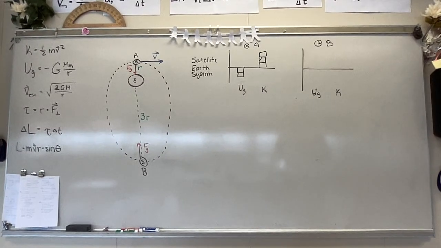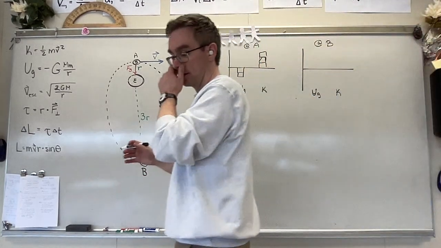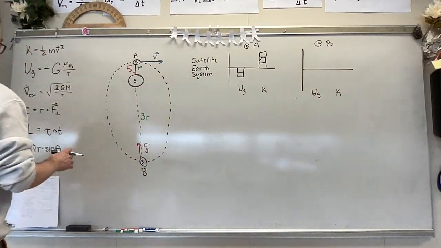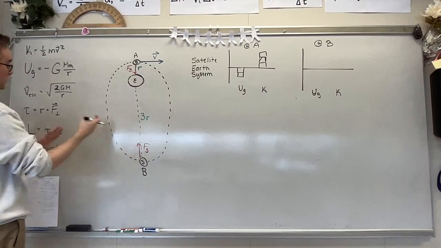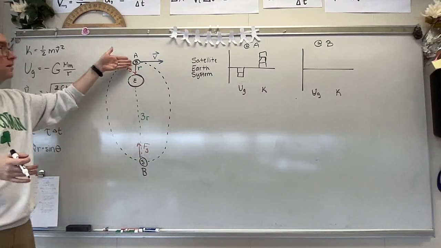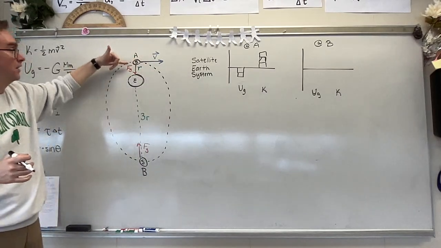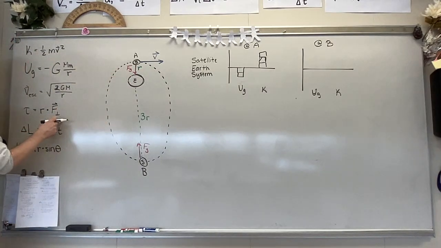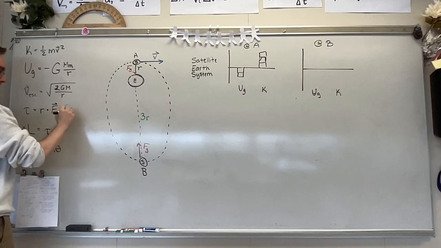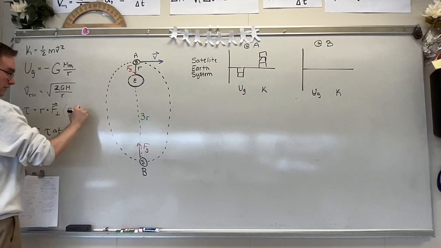Let's set this up a little bit, based on how we talked about the forces acting on this here. We know that torque is created on any kind of system, in this case the satellite-Earth system, by a perpendicular force. Once again, as this moving object is going around, there's only one force acting on it, and how it compares to its radius is going to be equal to that, which we could also rewrite as the force times the radius times sine theta.